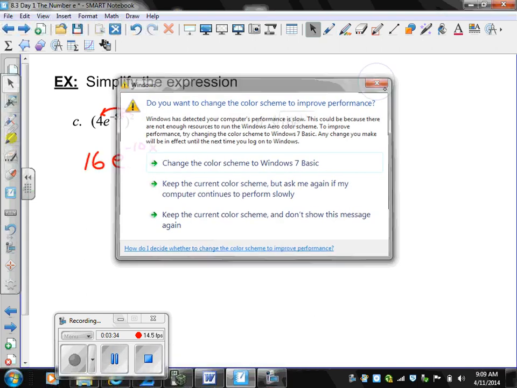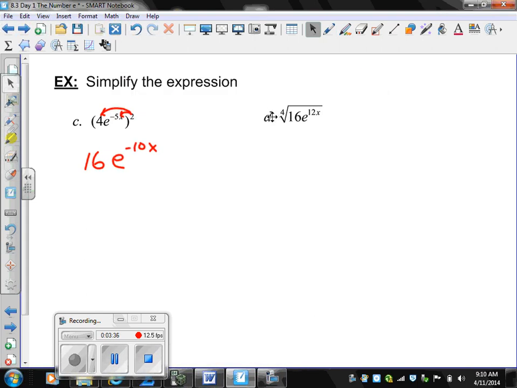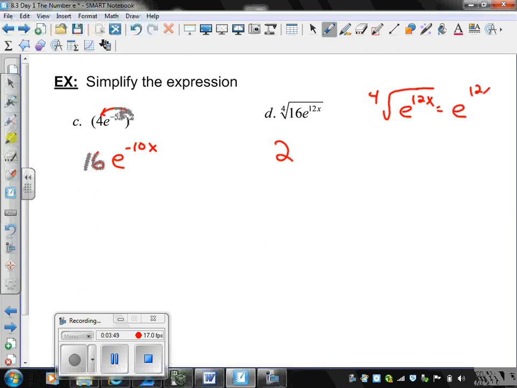The 4th root of 16 is 2. And then I'm going to have the 4th root of e to the 12x. Well, this is the same as e to the 12x over 4. Well, that's e to the 3x. Not so bad. Again, same properties with exponents that we had before, just a different looking piece.